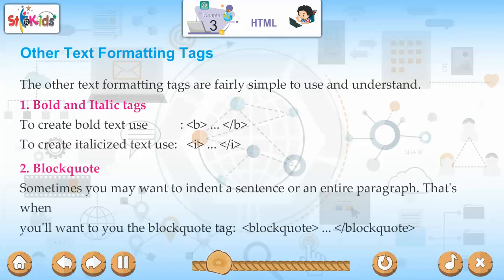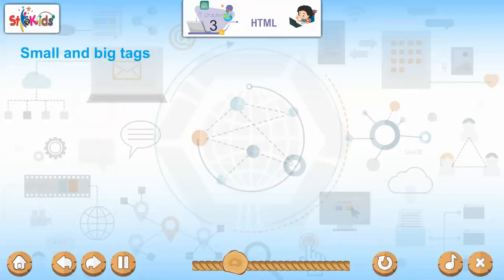Second, block quote. Sometimes you may want to indent a sentence or an entire paragraph. That's when you will want to use the block quote tag. Opening tag, block quote, closing tag. Opening tag / block quote, closing tag. Small and big tags.